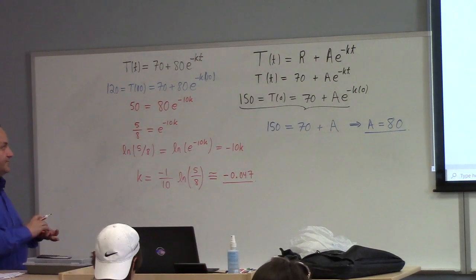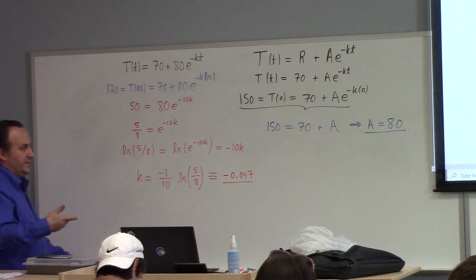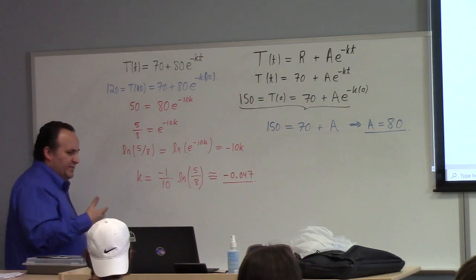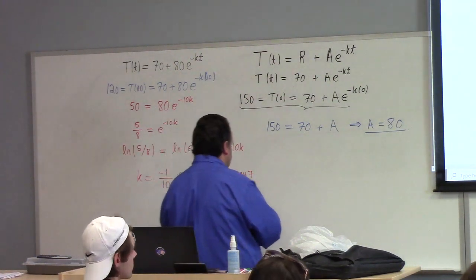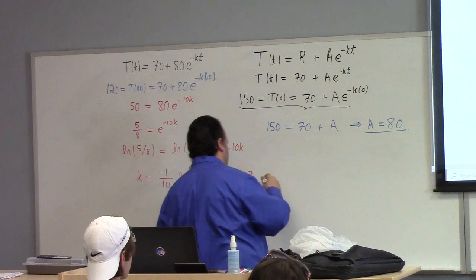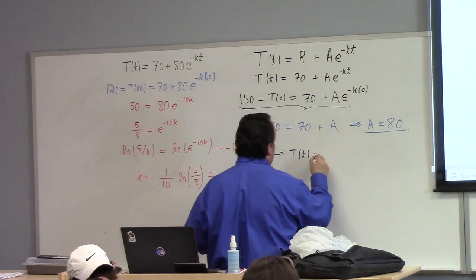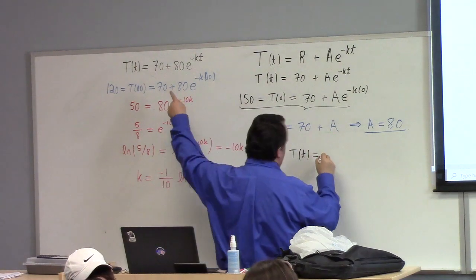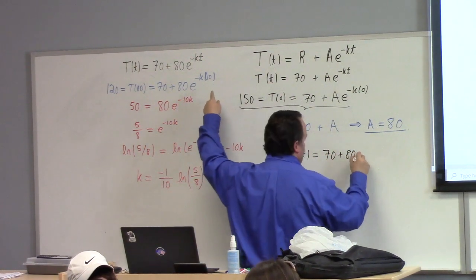All right, so put this all together. What have we learned? Now we have a formula for the temperature at time t. My formula is T of t equals 70 plus 80 e to the minus kt.